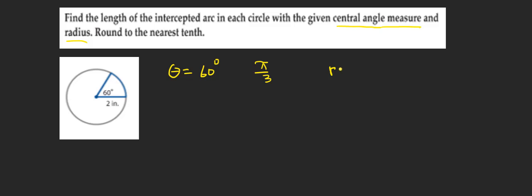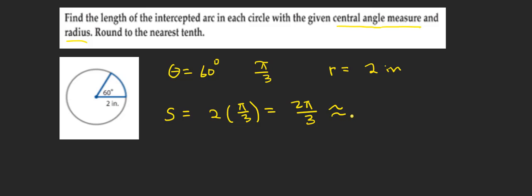Now what about the radius? The radius is 2 inches. So the intercepted arc is 2 times pi over 3, which is 2 pi over 3. And using your calculator, this is approximately 2.1 inches.